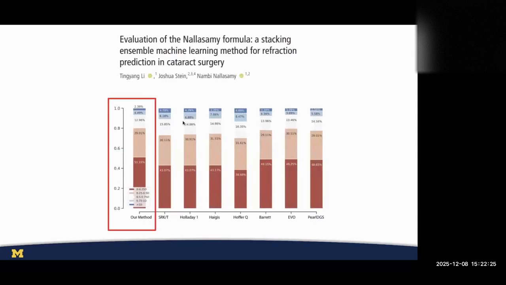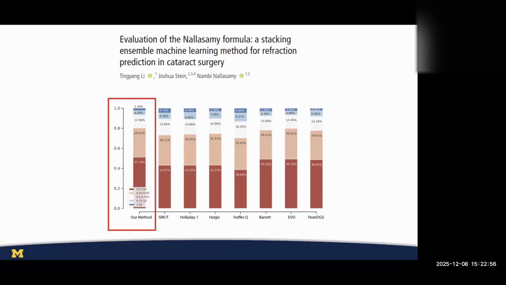I talked about the SRK/T formula, but there are actually many different formulas that a surgeon can select when they are trying to calculate the power of the lens to put in the eye. A couple of years ago, in the lab I was working in, a student developed a machine learning based IOL power formula, which they called the Nallasamy formula.